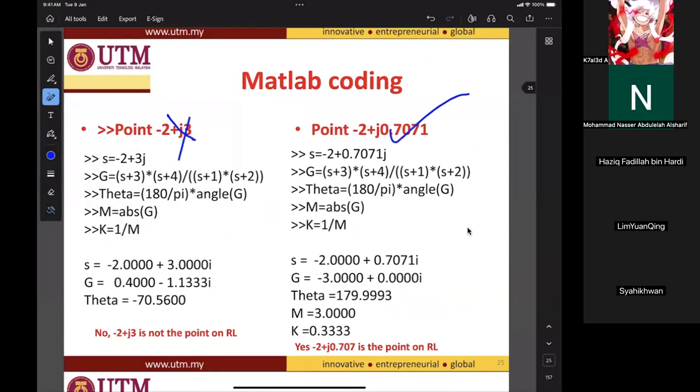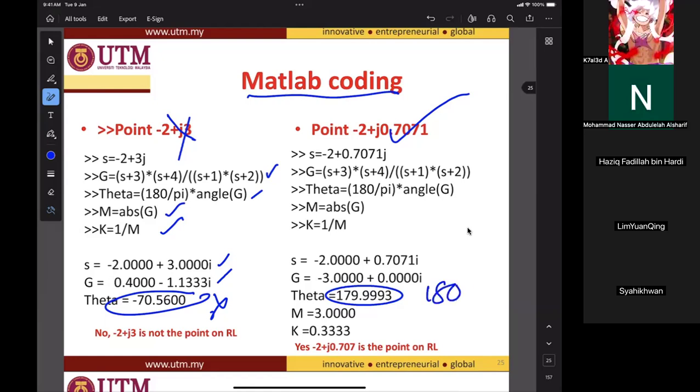You also can use MATLAB coding to check. For example, this is a test point that is not on the root locus. G theta is for the angle, M is for the magnitude, and K is for the gain. This one is not satisfied, but this one is on the root locus, where theta is 179.99, which is 180 degrees.